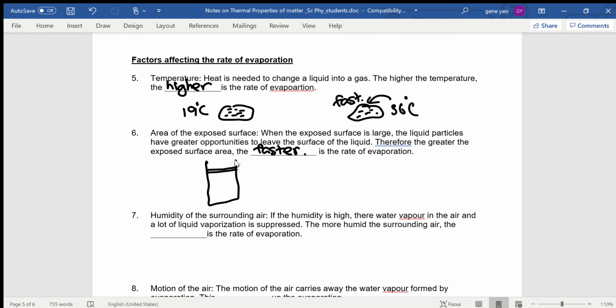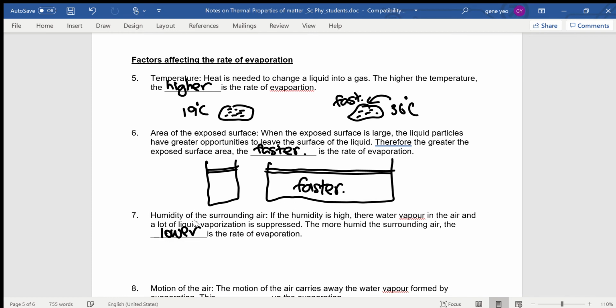So if I have this container compared to this container, I have more opportunities for the liquid to evaporate because the surface area is a lot bigger. So the rate of evaporation here is faster. Make sense?